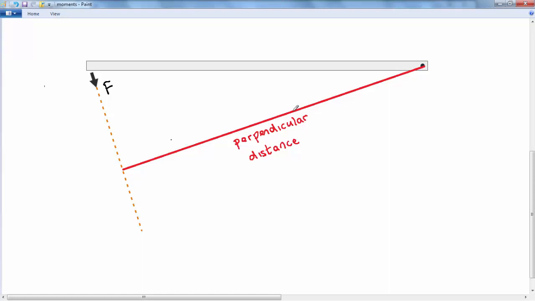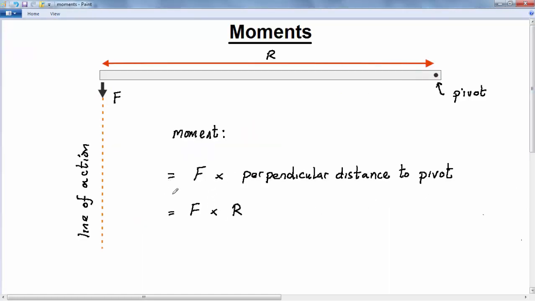So let's go back to our previous example, and as we've just stated, our moment is the force times the perpendicular distance to the pivot, and that's equal to F times r. So we'll give the moment the symbol capital M. As we do very often in physics, where we have a relationship like this, we can form a calculation triangle to help us calculate our moments.